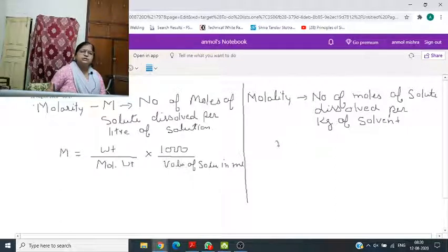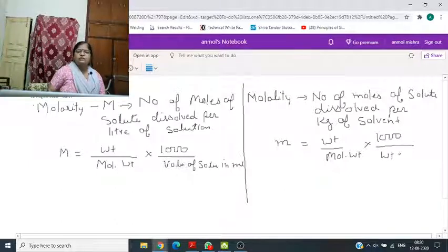It is represented by small m, and again it is weight upon molecular weight into 1000. The difference is weight of solvent in this case, and volume of solution in the earlier case. This is solution and this is weight of solvent.